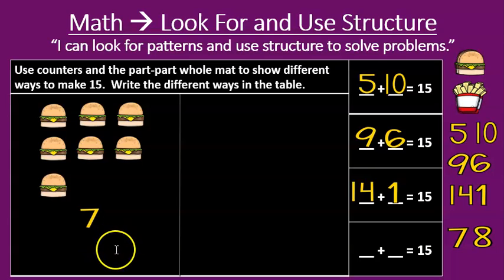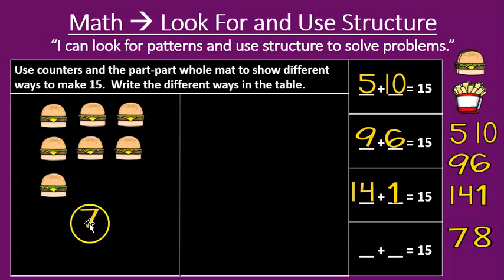Now we're going to need the French fries here. To get to 15, we're going to start at 7 and we're going to stop at 15 again, okay? Here we go. You're going to count with me. We're going to start at number 7.